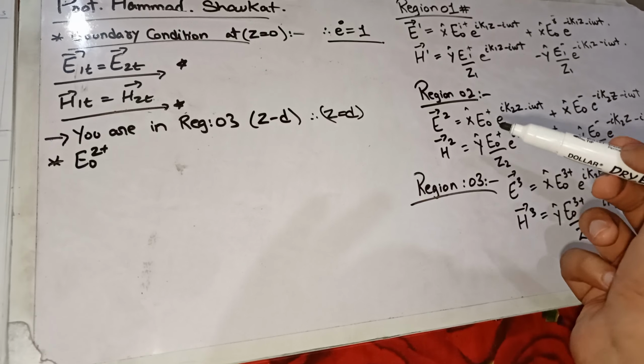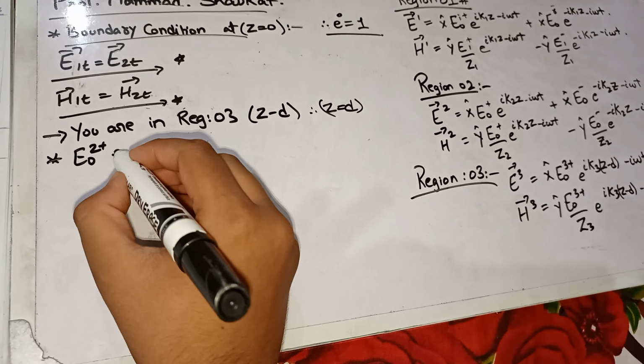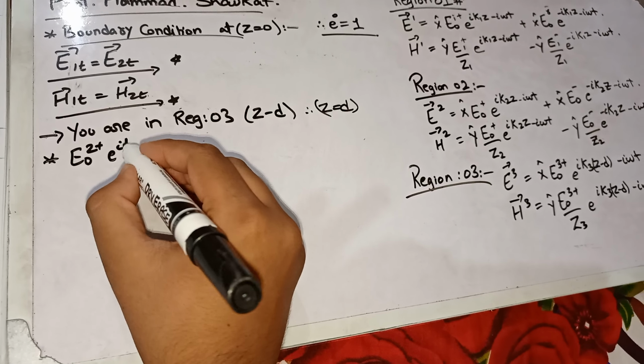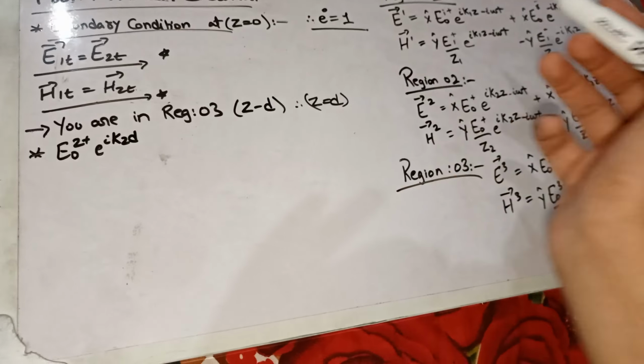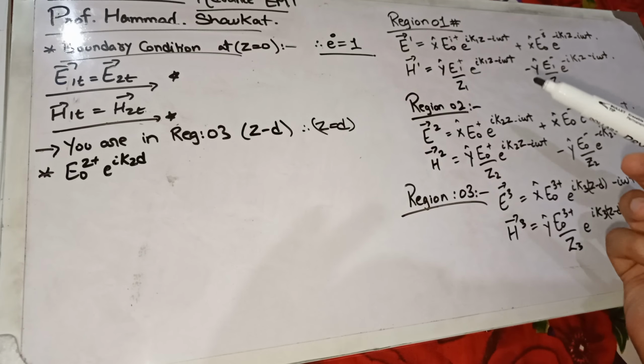So this becomes e power iota k2 d. Why d? Because z equals d.